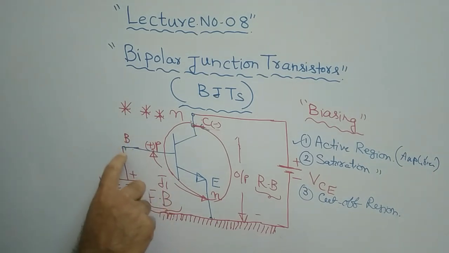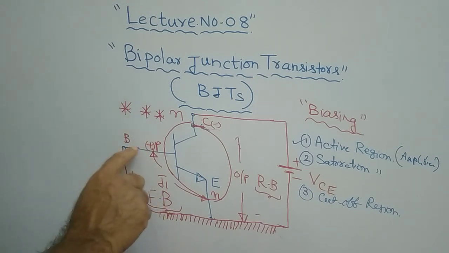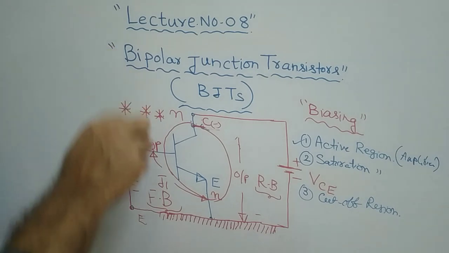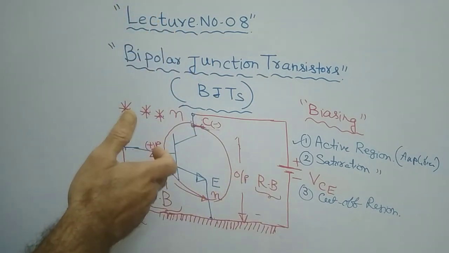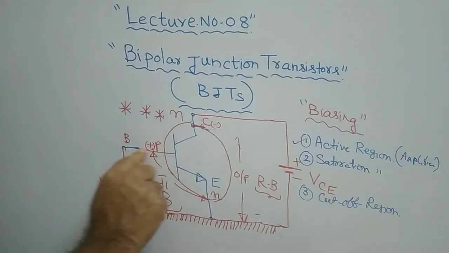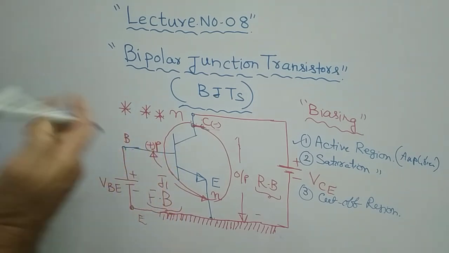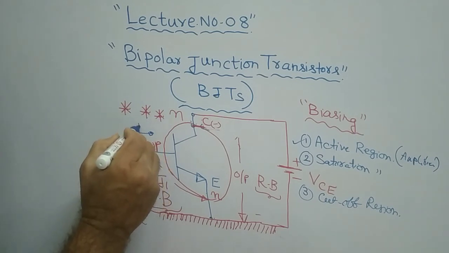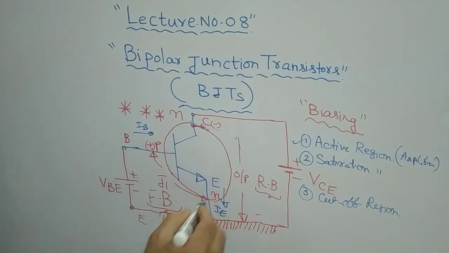By applying these, we will see the input characteristics, which is a graph of voltage versus current. We will consider the input voltage and the input current. As it is the input junction, the current flowing in the base terminal is our input current, the base current IB. IE is the emitter current, but as the emitter is grounded, there is no use of the emitter current.